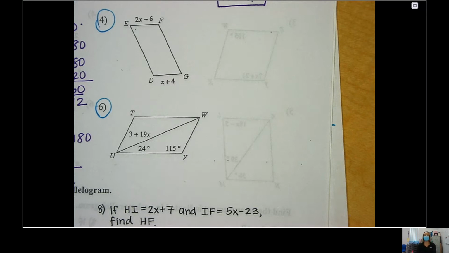Okay, do I have somebody who can come up to the board and do number 4 for me, please? Number 4. Who can do it for me? Anyone at all?